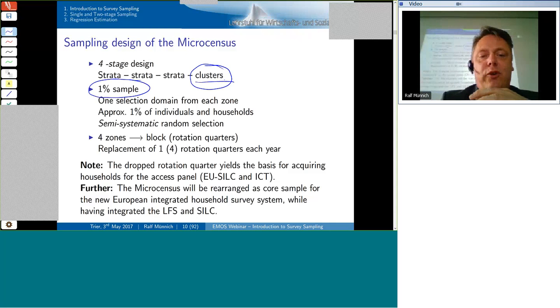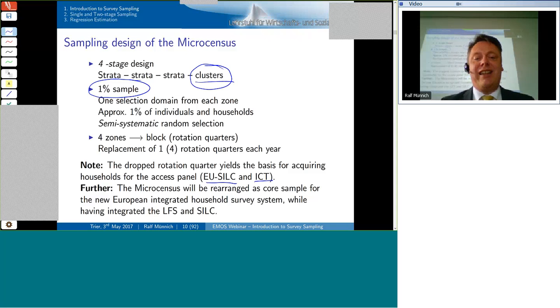And very important for us, EU-SILC and ICT are finally drawn from the microcensus. Once the people are dropped in the 4th year, after 4 years, all 4 quarters are somehow changed. These people are asked if they would like to participate further, and from this access panel, SILC in Germany is drawn.